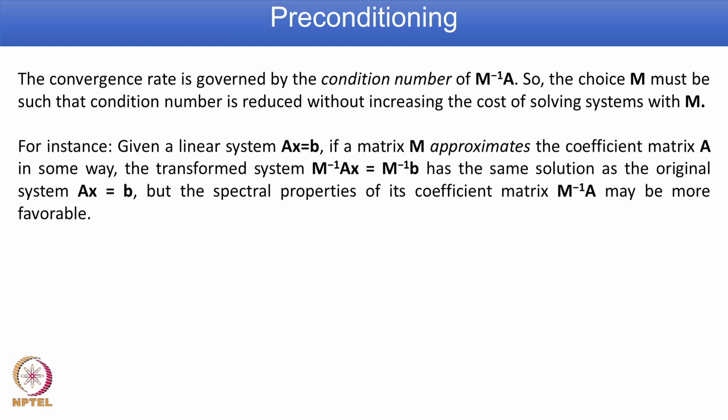For instance, if A x equal to B, then matrix m is as close to A in such a way that the transformed system m inverse A x equal to m inverse B has the same solution as the original system A x equal to B, but the spectral properties of its coefficient matrix m inverse A may be more favorable for getting the solution.